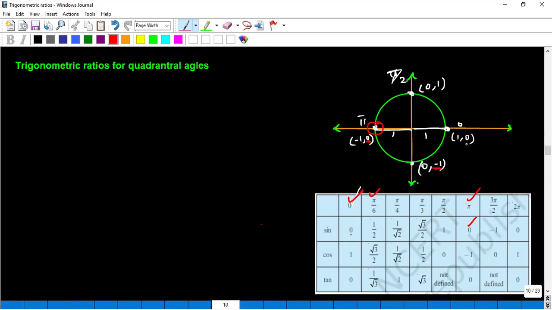Sine 2 pi is 0. So whenever you take a unit circle, you need to understand these particular values, pi, 3 pi by 2 or 2 pi, these values on the axis. Y value is nothing but the sine value. X value is nothing but the cos value. Hope this is clear for everyone.